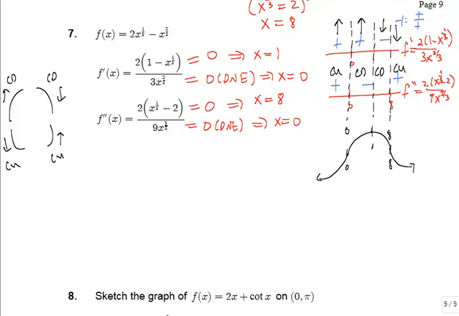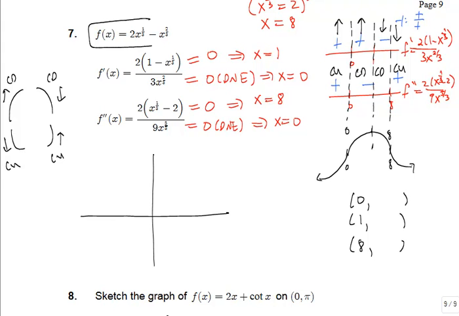So if we put this on our graph, we need a few coordinates of these important points. We had 0 as one important critical number. We had 1, and then we also had 8 for our second derivative. So plugging those in, if I plug in 0 into the original function, I'm going to get 0 right back again.